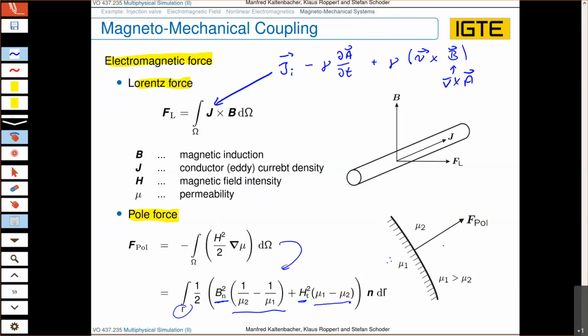So you see, we really decompose the magnetic field quantities into a normal and tangential component, and I guess you know why we do this. We know that the normal component of B is continuous along the interface, and the same holds true for the tangential, assuming no surface current density.